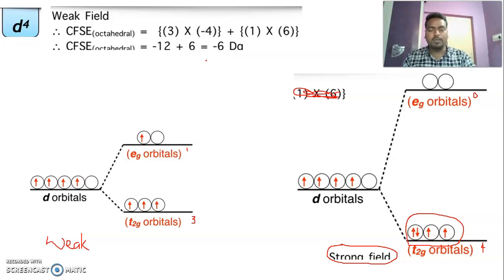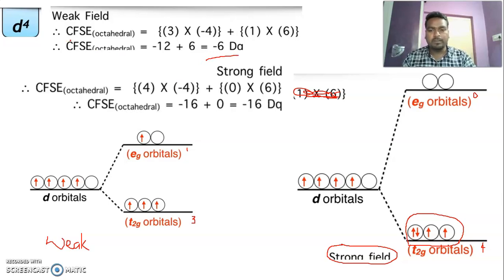So -6 Dq is the CFSE for the weak field, but for the strong field, look here, all 4 electrons are present in t2g. That's why 4 electrons into -4 plus 0 into 6, and 4 fours are 16, so -16 Dq. Look at the difference.